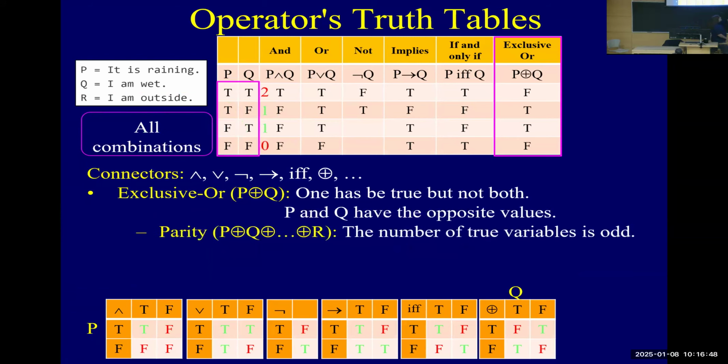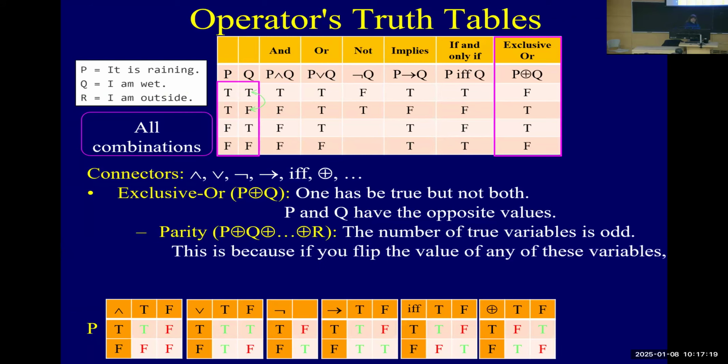And then if you have the exclusive or of a lot of things, you can put brackets in any direction. What it means is that an odd number of them are true, right? Everybody know that? It's a good thing to know that parity is counting whether the number of things true is even or odd.